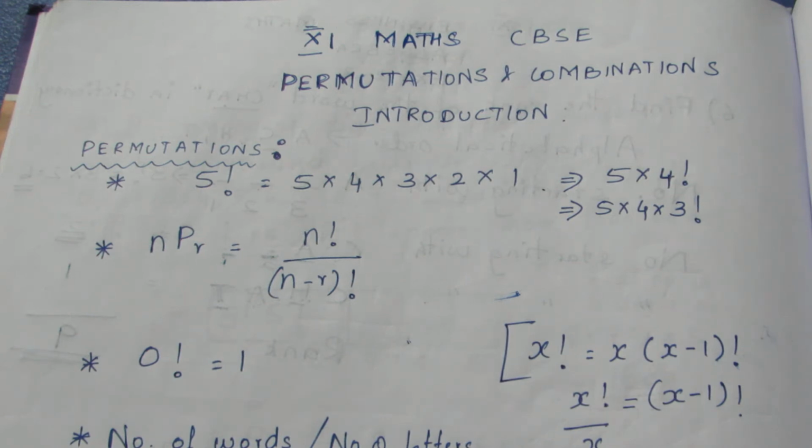But if I want to open it, I can't open it by 453, because my secret locker number is 543, which means I need to press 543. I can't open it by 235. I can't change the order. If I change the order, the locker will not open. This is called a permutation.